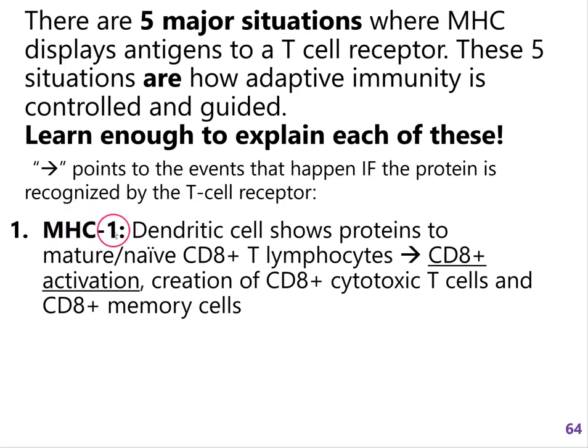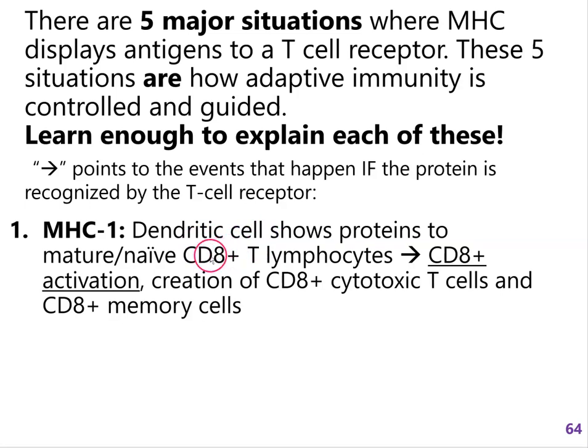This is going to involve MHC1, and this is a dendritic cell showing proteins to a mature but naive CD8 positive T lymphocyte. So this is trying to activate the right lymphocyte. The dendritic cell has all these antigens, and it's showing them to lymphocytes. Dendritic cells have both MHC2 and MHC1 because they need to be able to activate CD8 positive cells and CD4 positive cells.